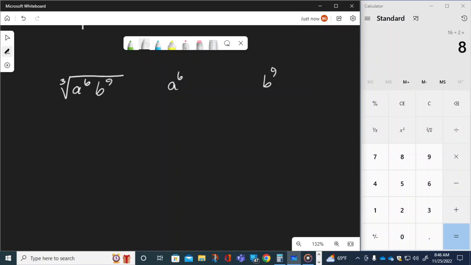Take this exponent for instance. 6 divided by 3, because you need a 3, is equal to 2. Therefore, a to the power of 6 could be rewritten this way: a to the power of 3 times a to the power of 3, 2 times a to the power of 3, right? Because you need a 3. And 3 plus 3 equals 6.